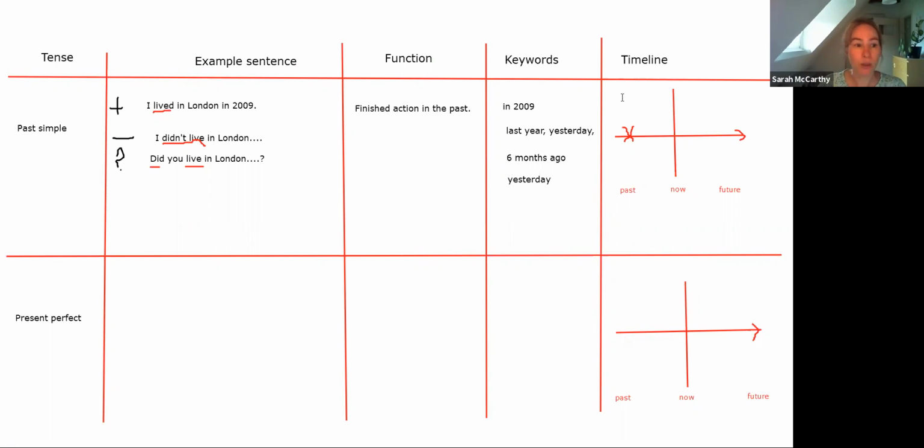Okay, moving on now to the present perfect tense. So let's put in a positive sign for the positive sentence. I have lived in Munster since 2010.